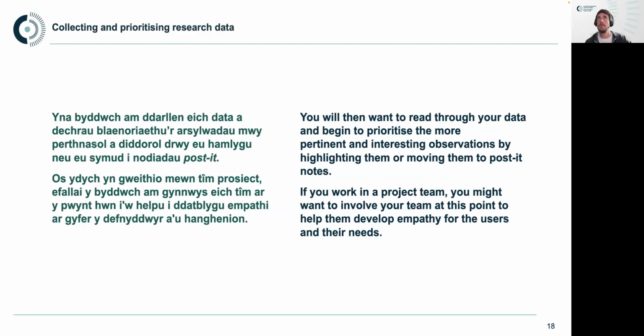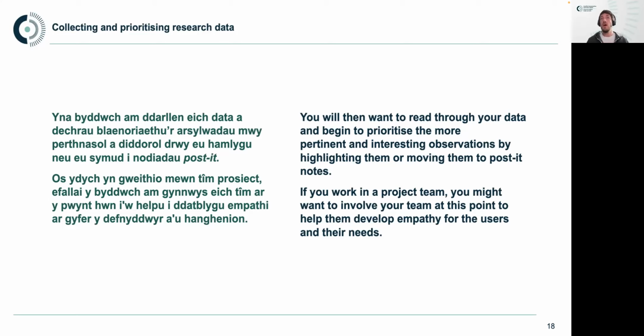Next slide, please. Once you have that comparable information, then you need to go back through it and start to prioritize the more pertinent and interesting observations. When I say pertinent, I mean pertinent to your original research question or project objectives. You start to highlight that pertinent, interesting stuff that's coming out of your research data and start transferring that perhaps into post-it notes, like Promise was saying.